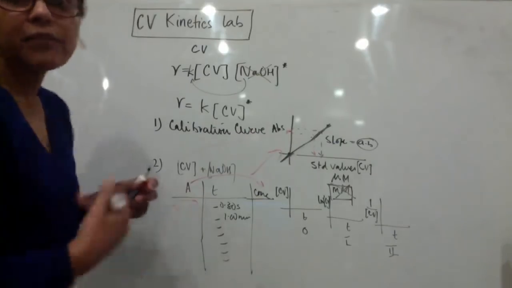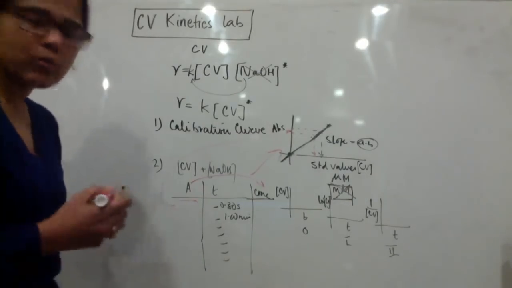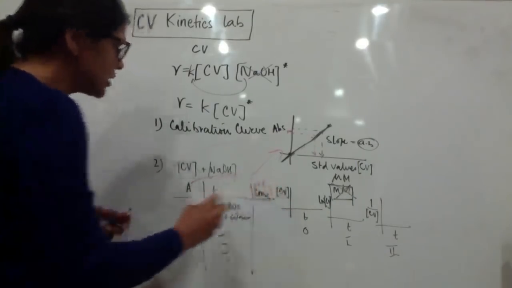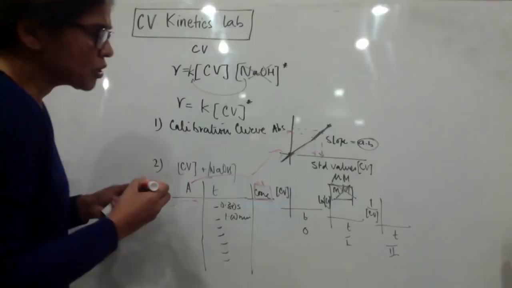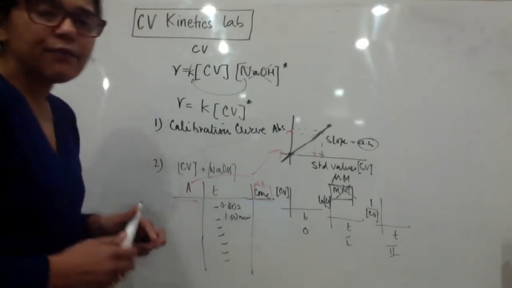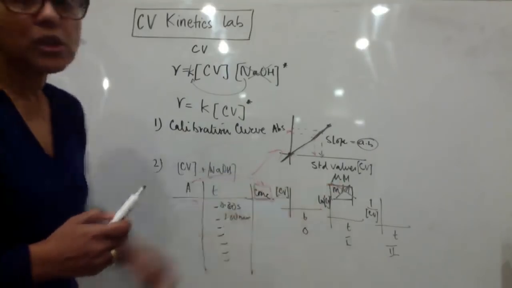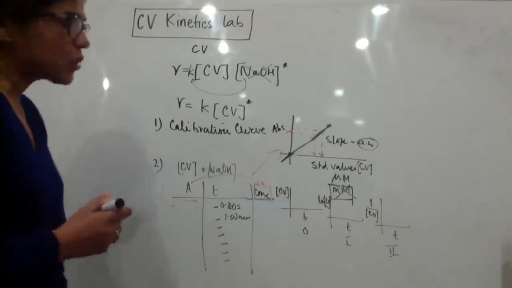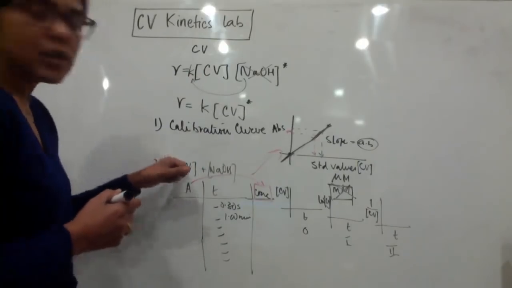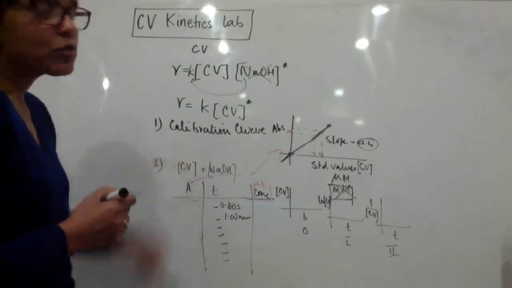It is the same thing whether you use the graph or you use the equation. So once you find out the concentrations for different absorbance, now you will be plotting these 3 graphs and finding the best linear regression based upon the R squared value, and that way you get the order of reaction with regards to crystal violet.